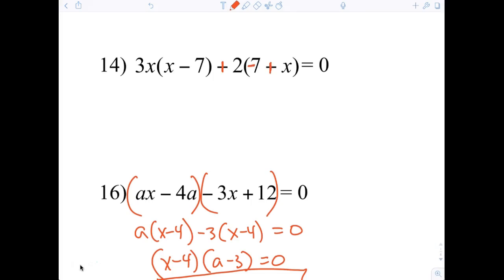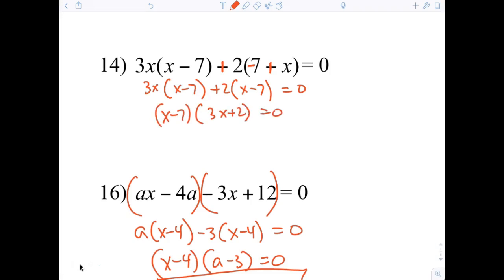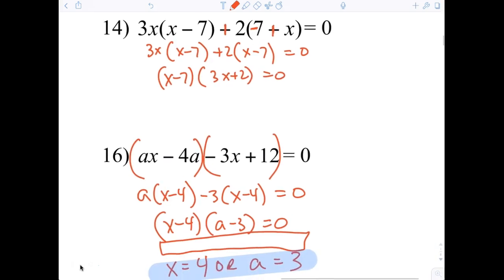Now, we're going to rewrite it because I want you to see it. 3x times x minus 7 plus 2 times x minus 7. So now what's common? X minus 7, parentheses, 3x plus 2. So now what does x equal? 7. Or? -2/3. Don't make silly mistakes, or you shouldn't leave the step out.